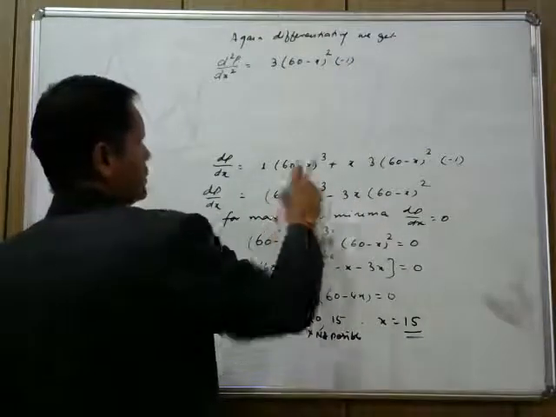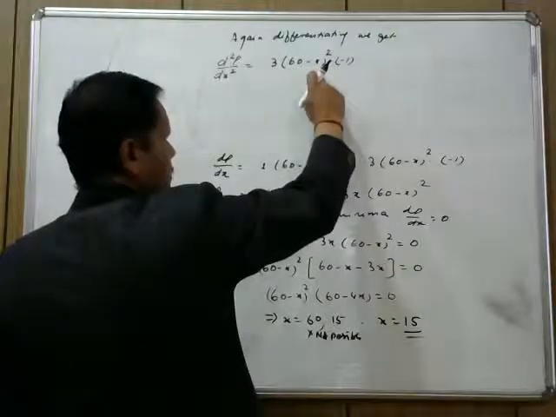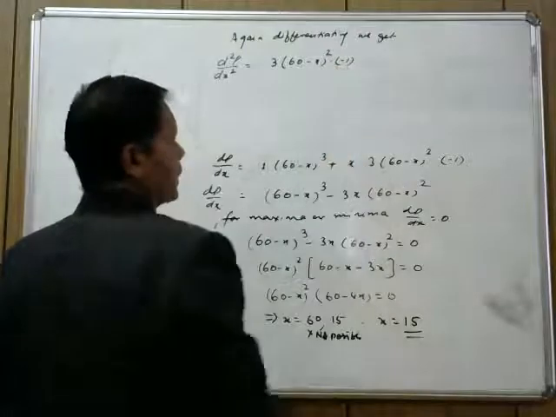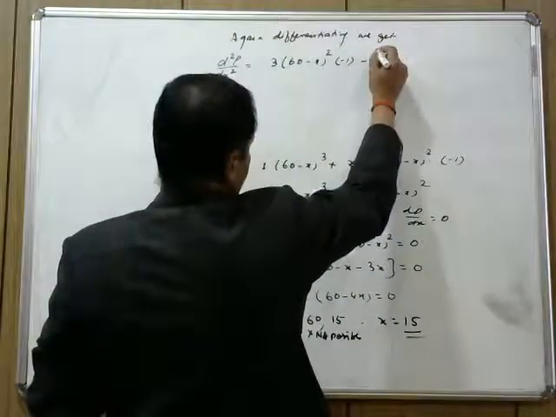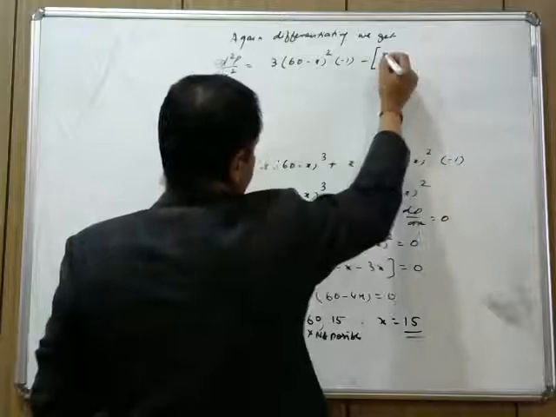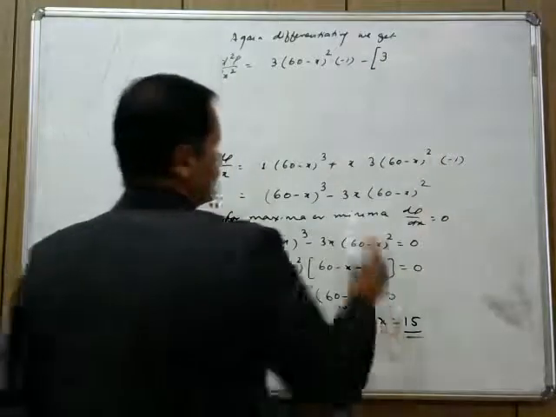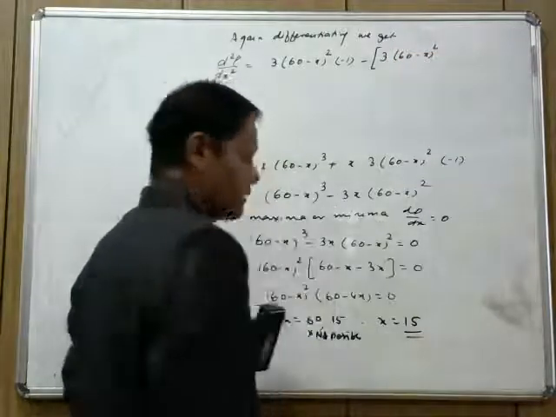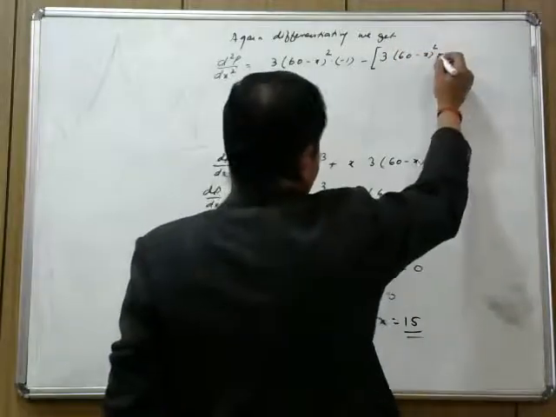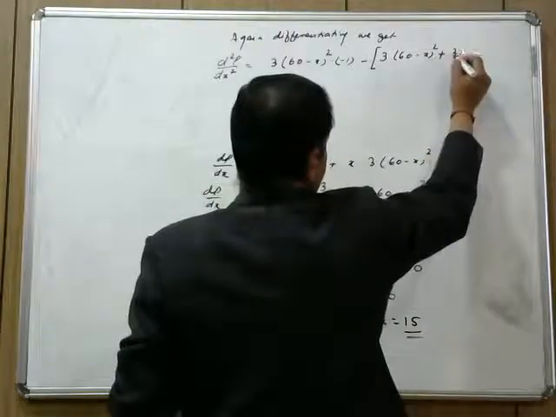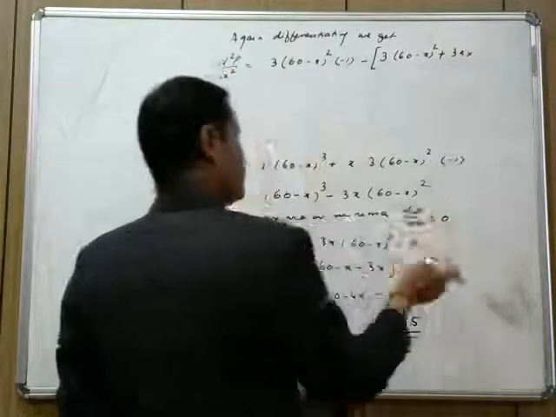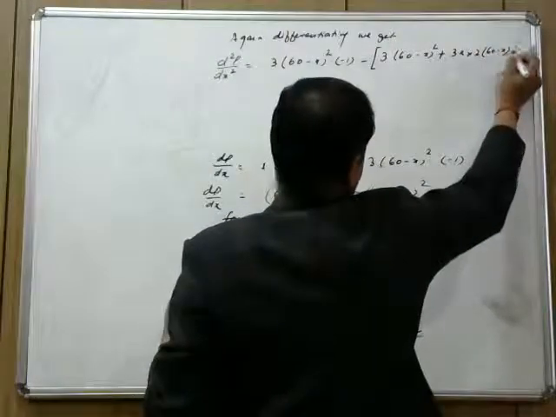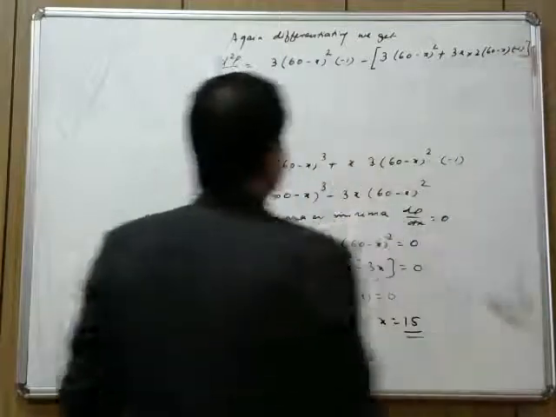Function (60 minus x) to the power 3 minus 1 whole square, differentiation of (60 minus x) will have minus 1. Minus, now differentiation of 3x will have simply 3, right? (60 minus x) whole square will write as it is, isn't it? Plus 3x into differentiation of (60 minus x) whole square, 2 into (60 minus x) into minus 1, right?